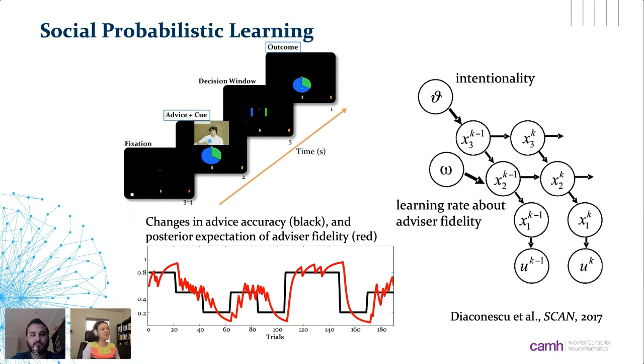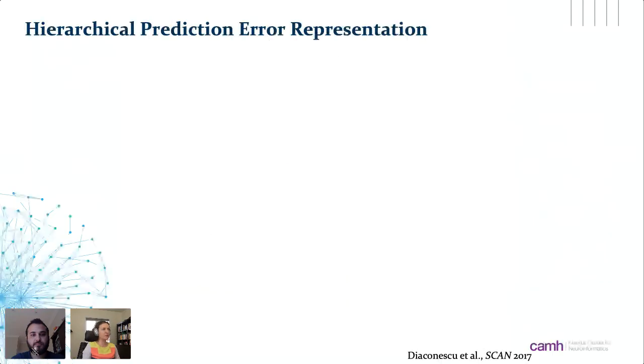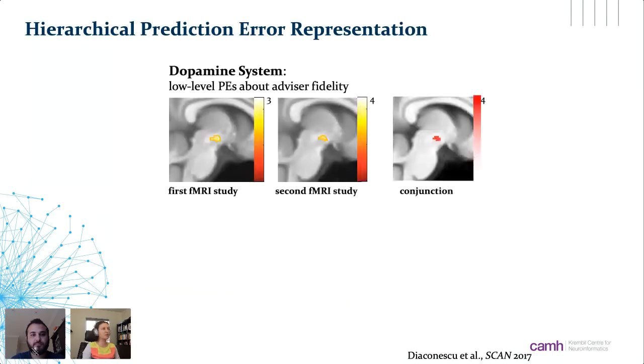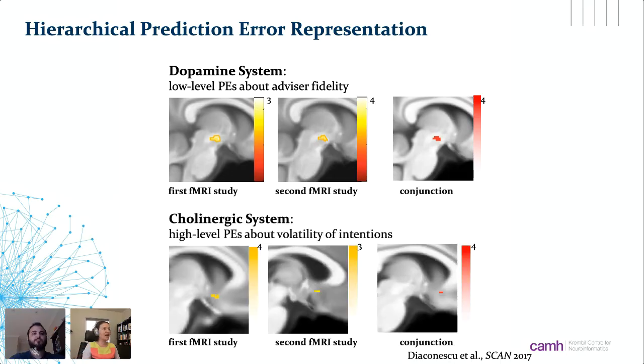We used a similar modeling framework, and we were able to reproduce this dissociation between lower level precision-weighted prediction errors that updated beliefs about associations in the dopaminergic midbrain and higher level precision-weighted prediction errors that updated beliefs about the volatility of intentions in the cholinergic basal forebrain.